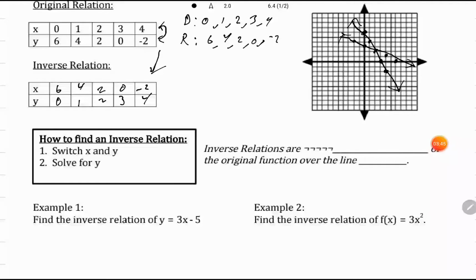So how to find the inverse relation given an equation? You just switch x and y and solve for y. Inverse reflections are reflections over the line y equals x. So if I drew y equals x, you would notice that they're reflected along that line.